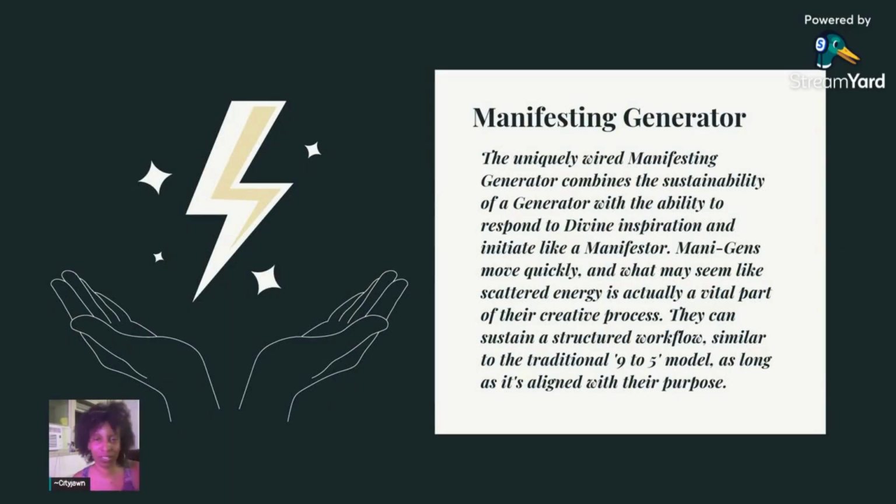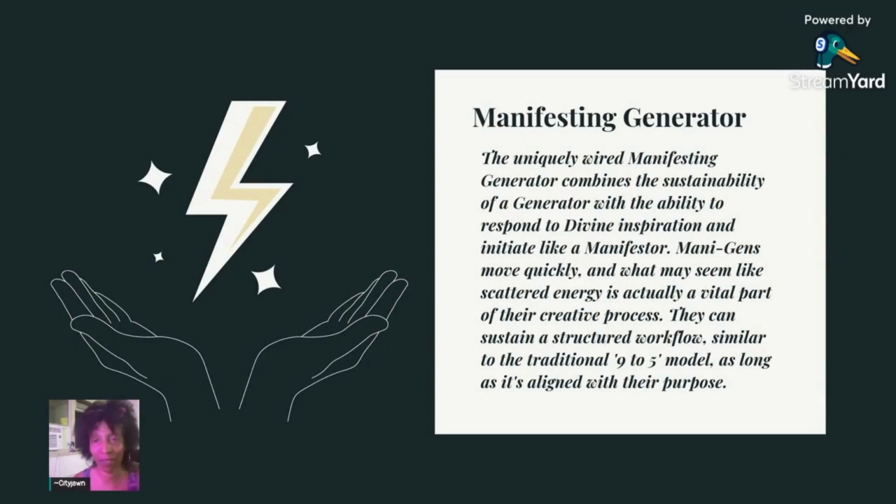See, manifestors, that's why they're such a uniquely wired type, because manifesting energy is designed to fall back. When they feel that creative spark, they go. The generator is designed to fall back and respond when something shows up that feels aligned for them.